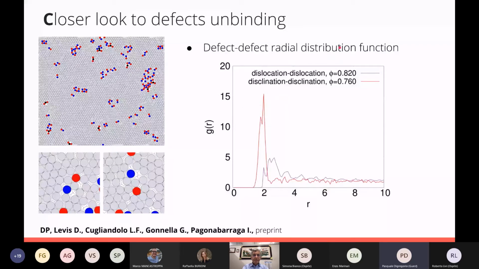For the disclination radial distribution function, the probability is really concentrated around a value of r equal to 2 times the diameter of the particle.